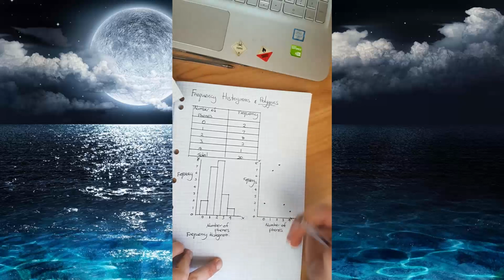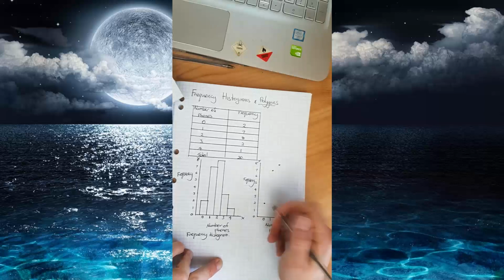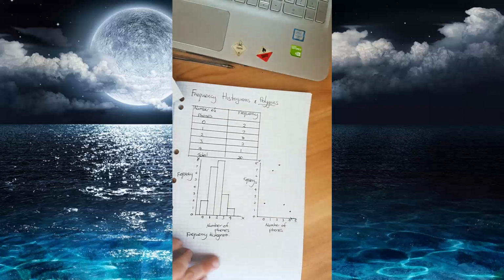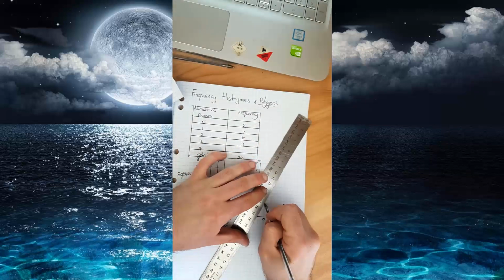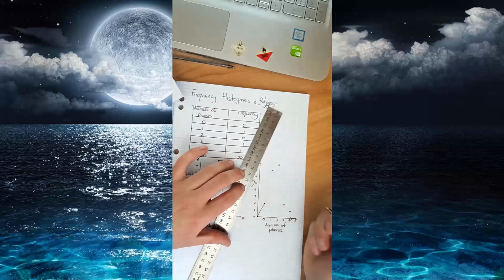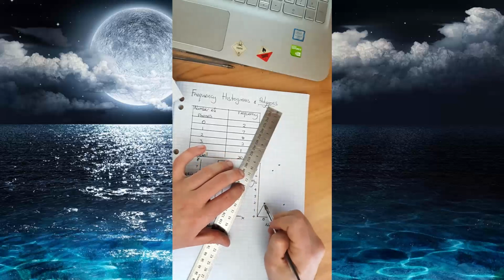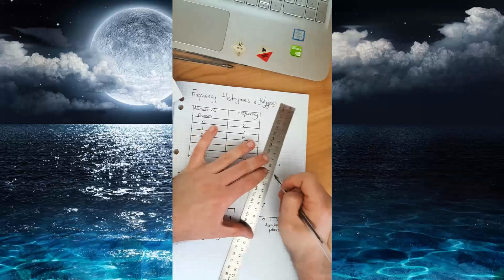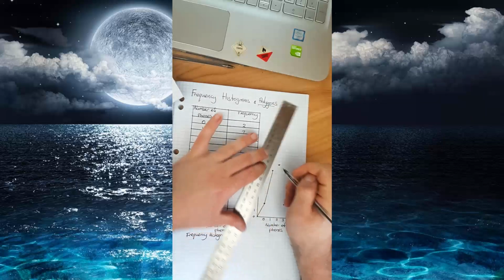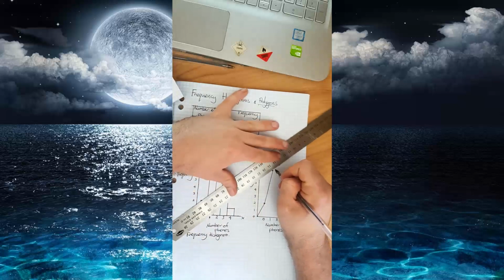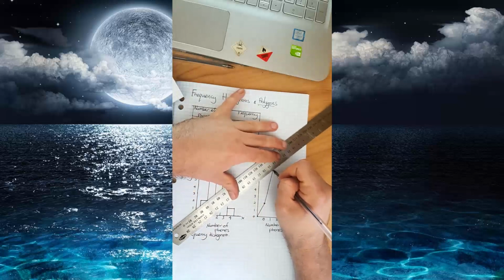So the difference between a line graph and a frequency polygon is that it actually starts from this corner. Now I'm going to start from here, and using my ruler, I'm going to go straight up and join the dot. Now a line graph wouldn't normally do this. You would start at this point and go up. And then from this point onwards, it's just join the dots. Again, not freehanding.